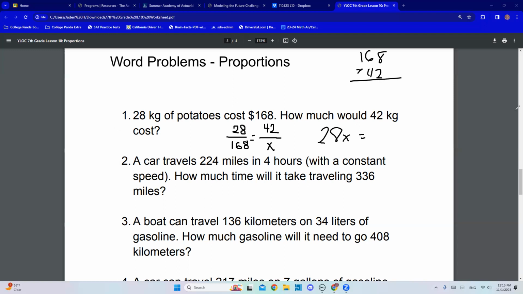2 times 8 is 16. And then 6 times 2 is 12 plus 1 is 13. And then 2 times 1 is 2 plus 1 is 3. And then 8 times 4 is 32. 6 times 4 is 24. Plus 3 is 27. And then 4 times 1 is 4 plus 2 is 6. So if you add that all up, you should get 7,116.